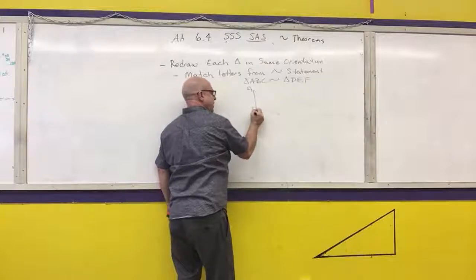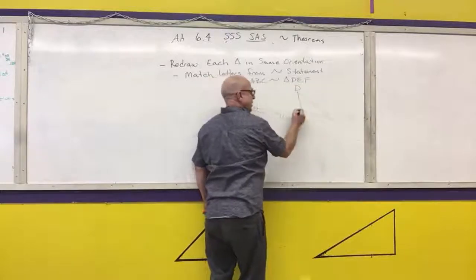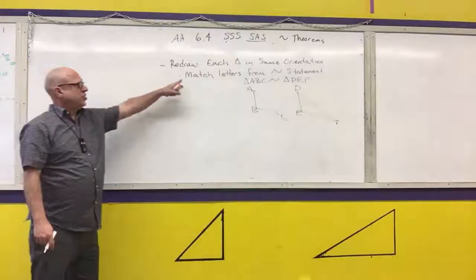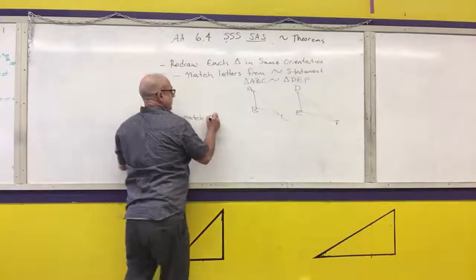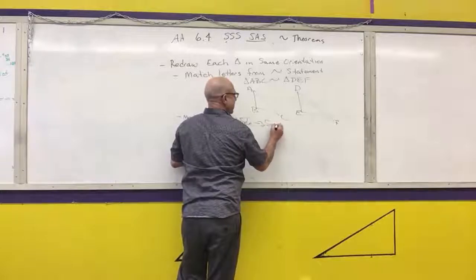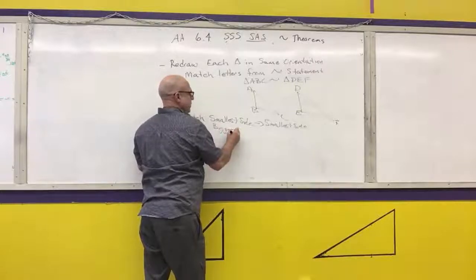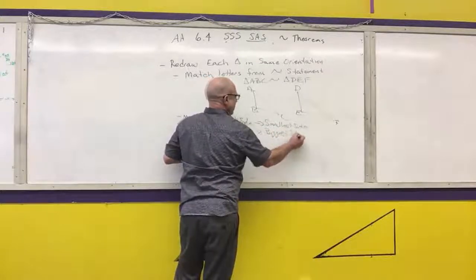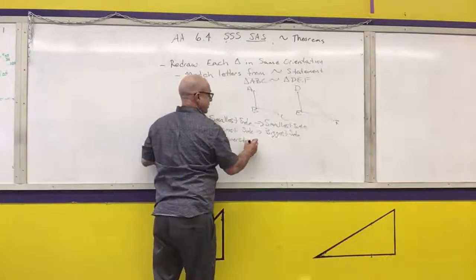If this was A, B, C, the one I drew in this orientation, the A has to match with the D, the B has to match with the E, and the C has to match with the F. So you're either going to match the letters from your similarity statements, or the smallest side to the smallest side, the biggest side to the biggest side, and the leftover side with the leftover side.